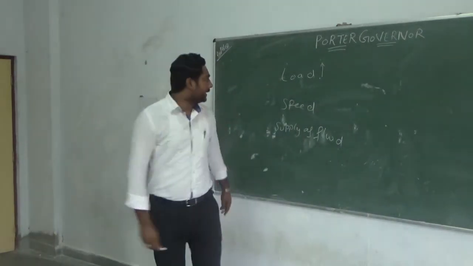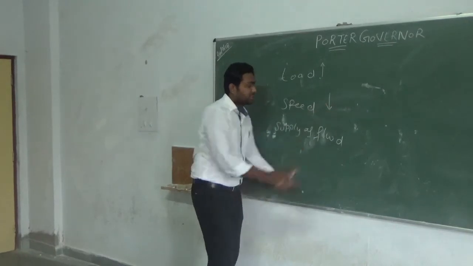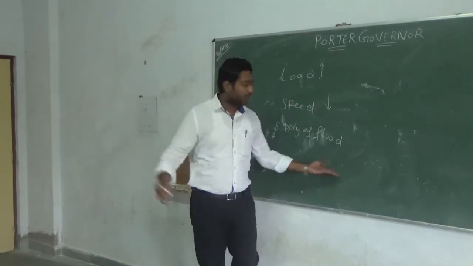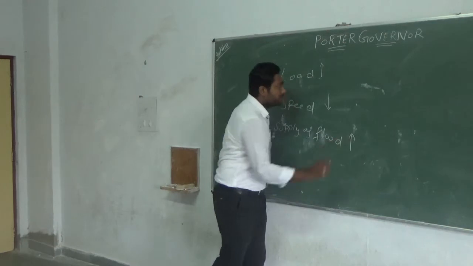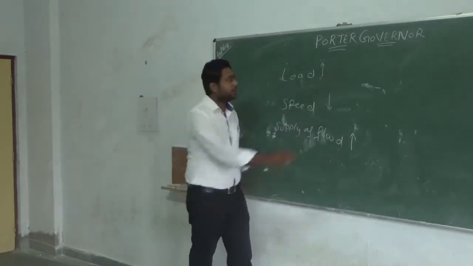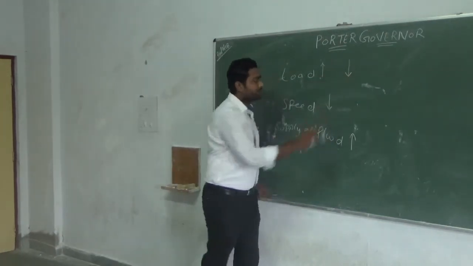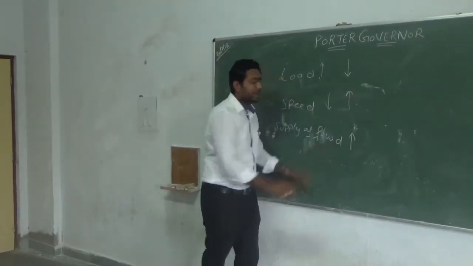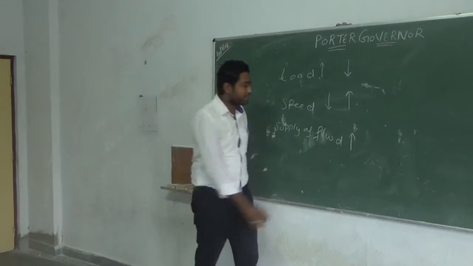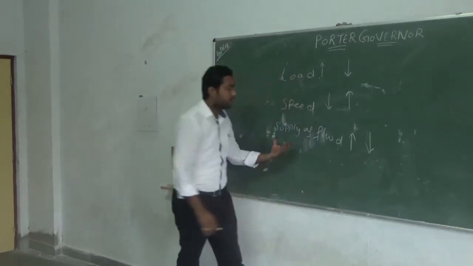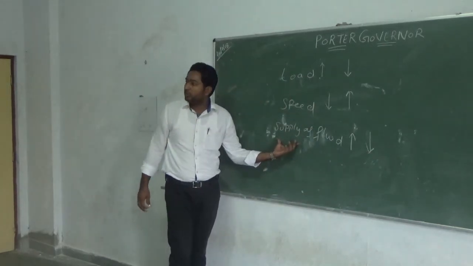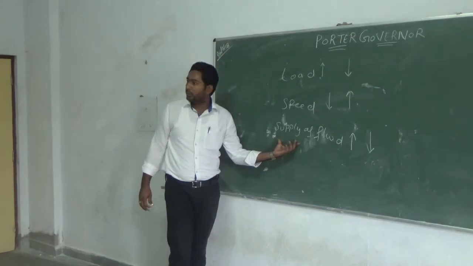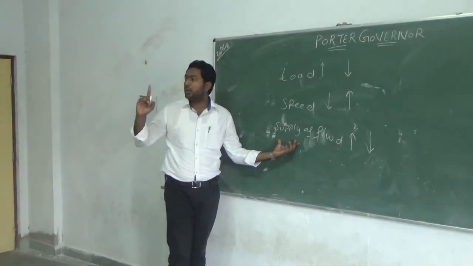Speed decreases and supply of fluid increases. When load decreases, speed increases, supply of fluid decreases. So governor controls the supply of fluid.